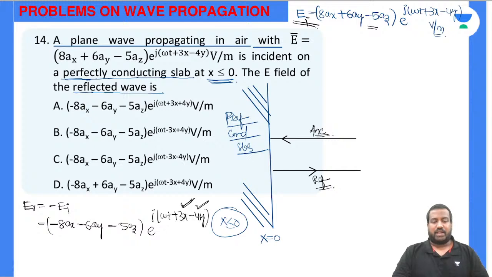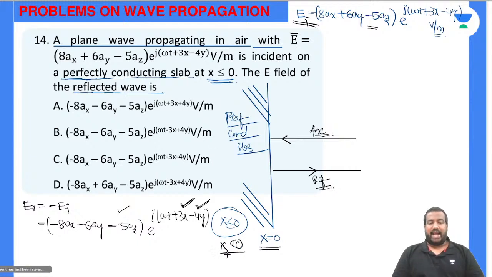Beta x into x plus beta y into y. No z variation. So either in incident or in reflected, there won't be any change. It will be as it is. That's why minus 5AZ. Now, are any more changes required? If you see this carefully, this is x is 0. This is x less than 0.